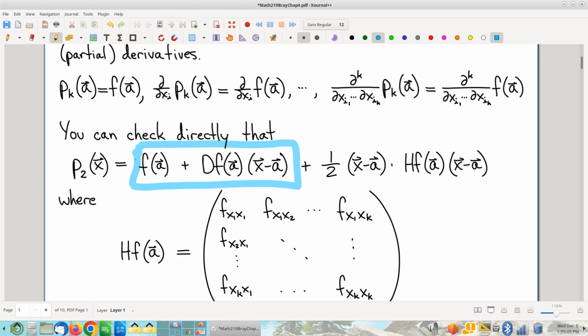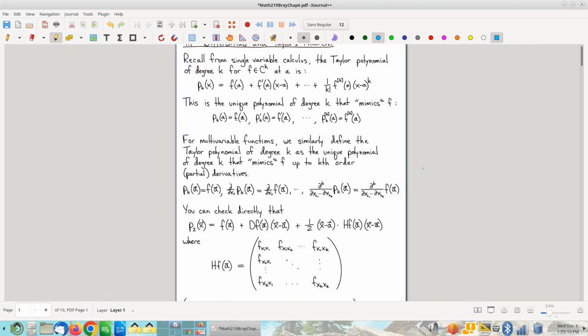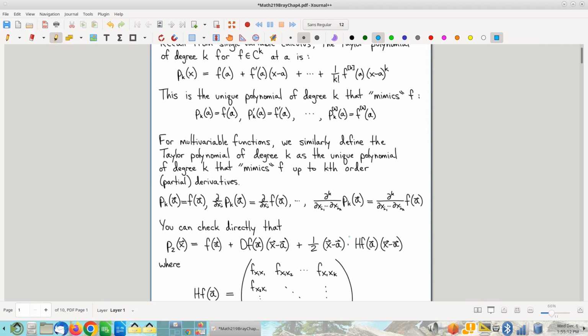Let's look at the second order term here and compare, you can plug in k equals 2. So you see there's a 1/2, just like there is in the single variable case. There's two factors of x minus a, just like there is in the second order term of single variable. Different, though, because these are not multiplied by each other. They're separated by a matrix.